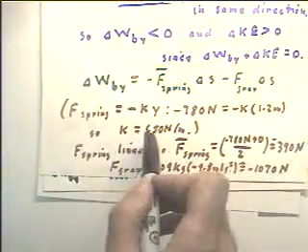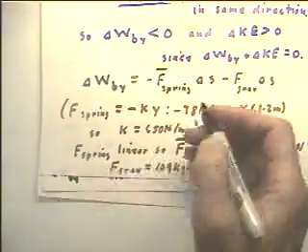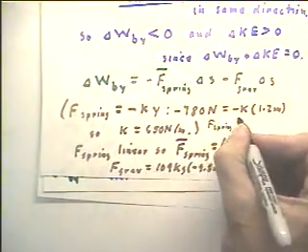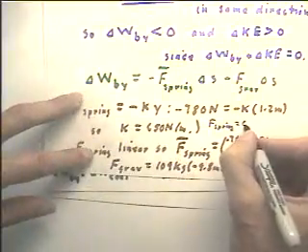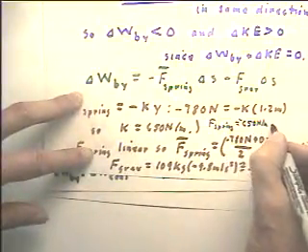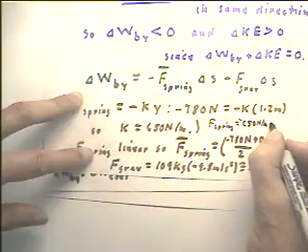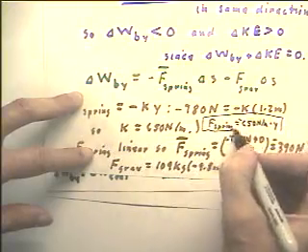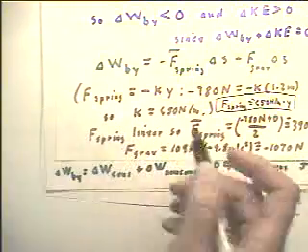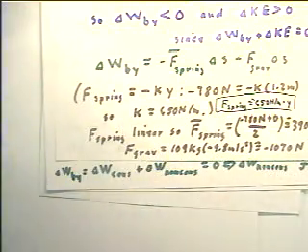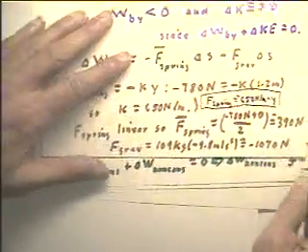Solving for K, we get K is 650 newtons per meter. So we could say that the force of the spring is negative 650 newtons per meter times the displacement of the spring. We don't really need that to solve this problem, but I thought it would be good to remind you of how springs behave and to put you in the context of the spring here.